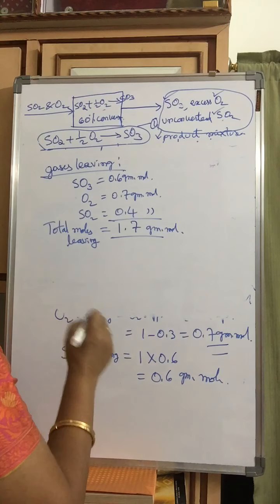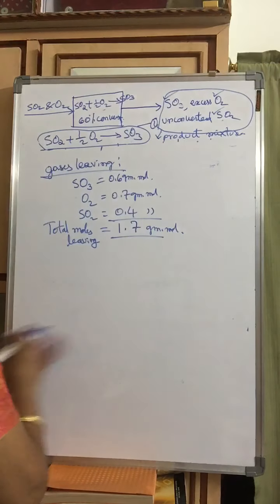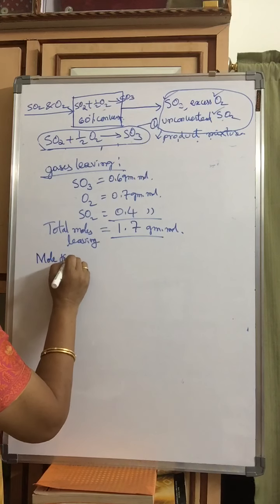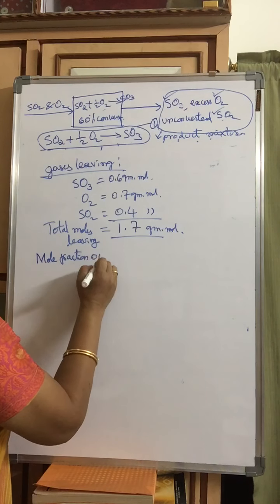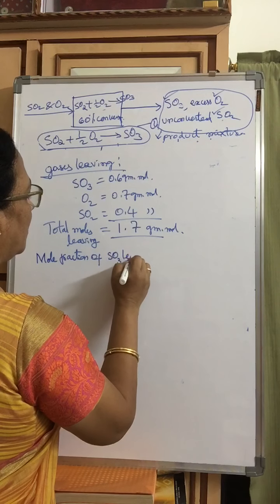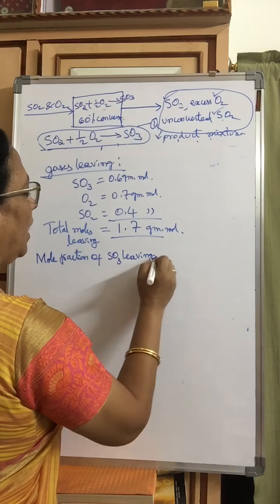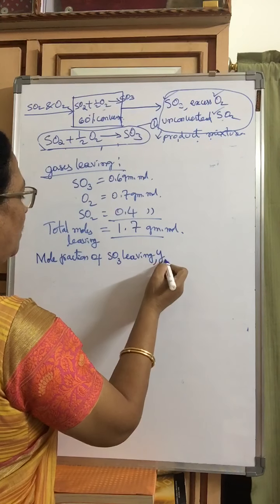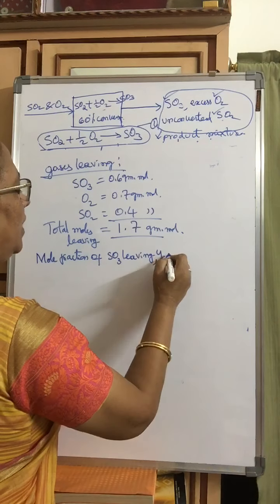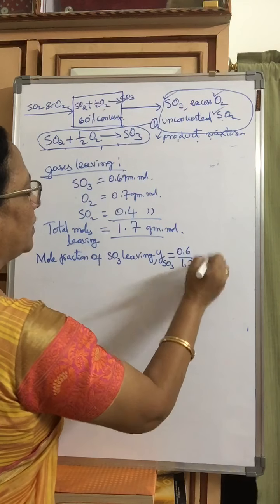Now we need to calculate the mole fraction of gases leaving. The mole fraction of SO3 leaving, represented by Y, is 0.6 by 1.7.